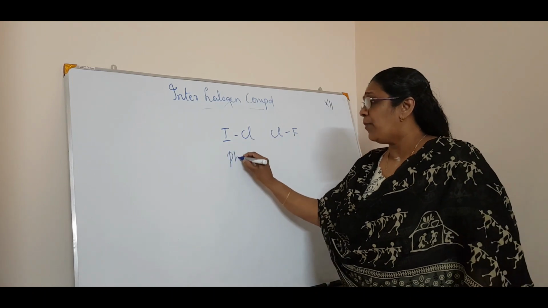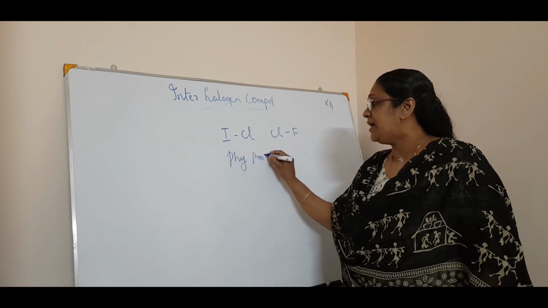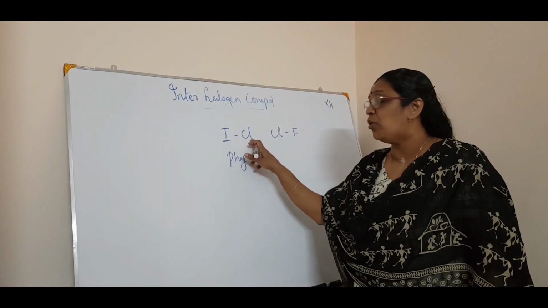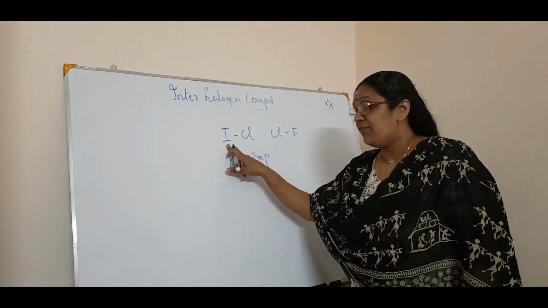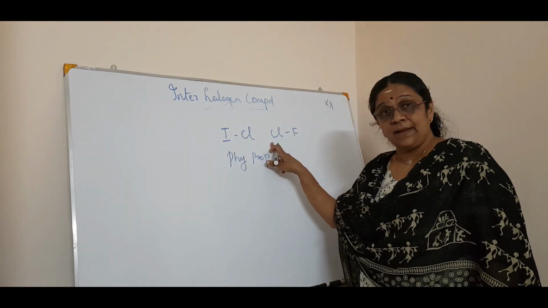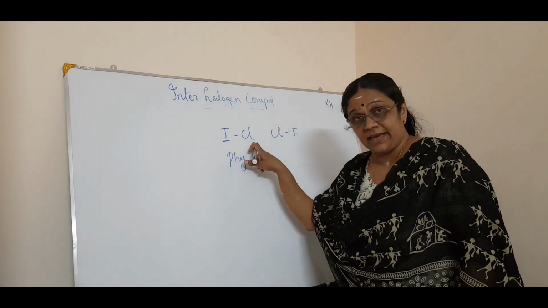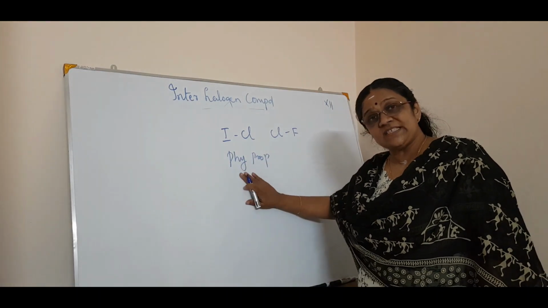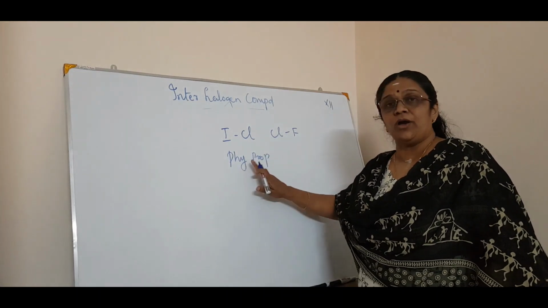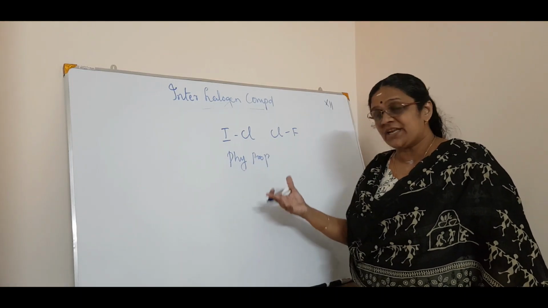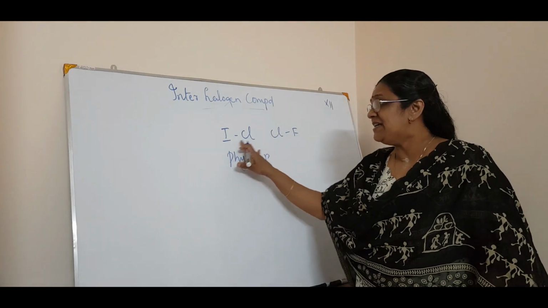When you talk about the physical properties, they will come intermediate between both the halogens. For example, if iodine is a halogen and chlorine is another halogen, if you put them together you get the interhalogen ICl. Correct. Now, when we talk about the physical properties like melting point, boiling point, solubility, etc., it must come intermediate between these two.